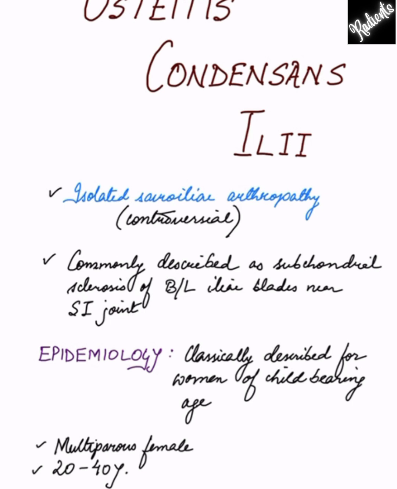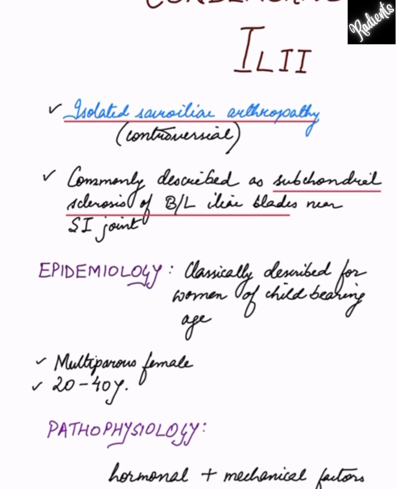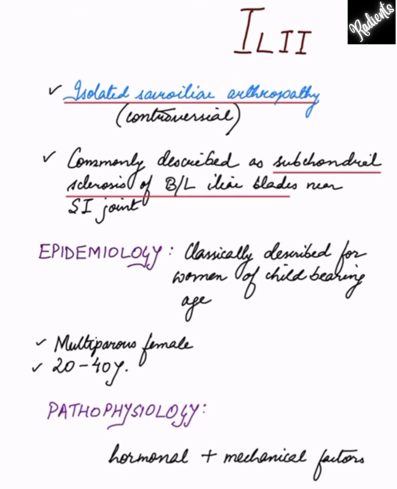So what is it? It's an isolated sacroiliac arthropathy, even though whether it's an arthropathy or not is actually controversial, and it is commonly described as subchondral sclerosis of bilateral iliac blades near the SI joint. So the iliac blades are involved and there is subchondral sclerosis which is seen as radio opacity.